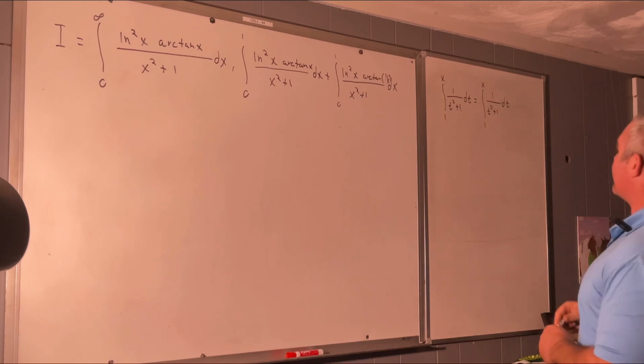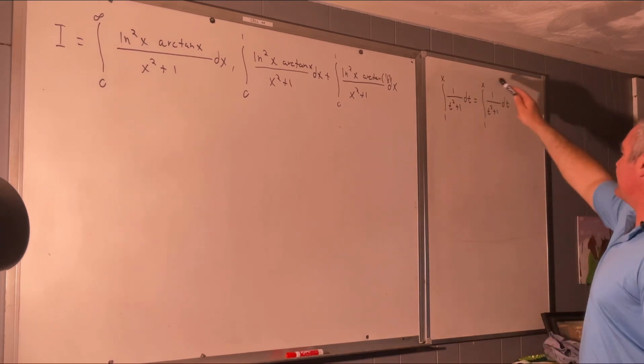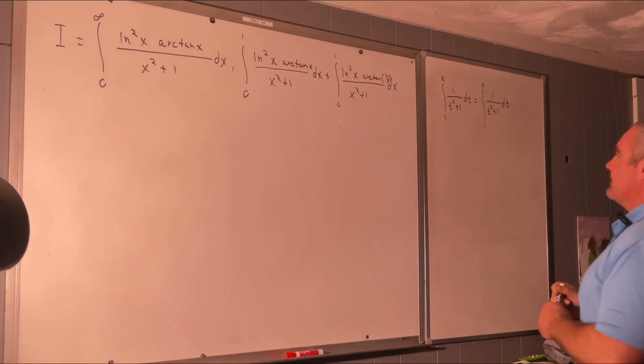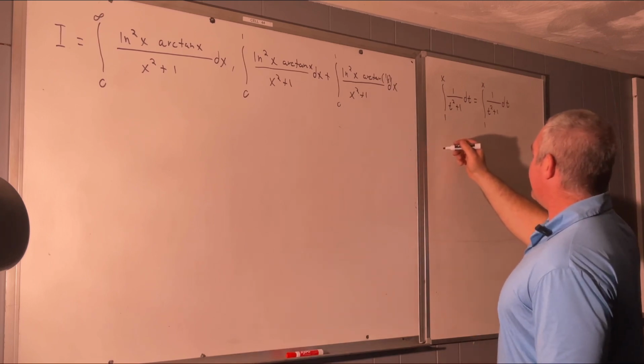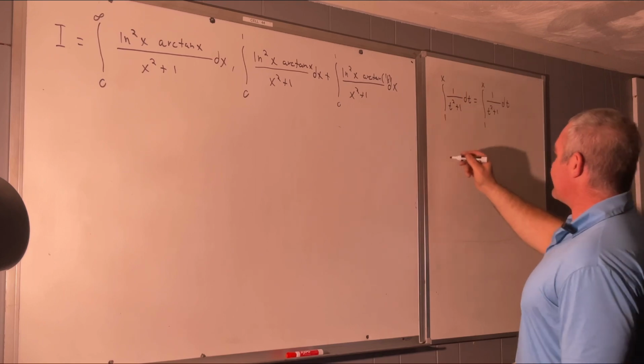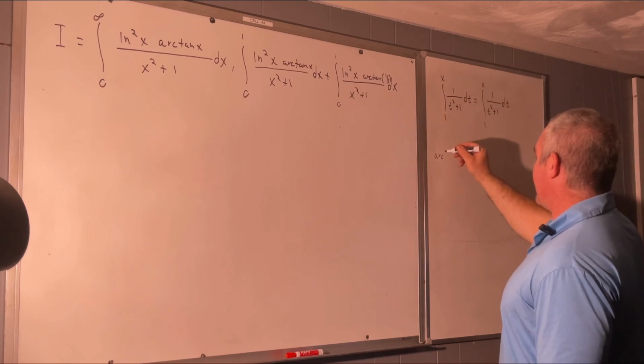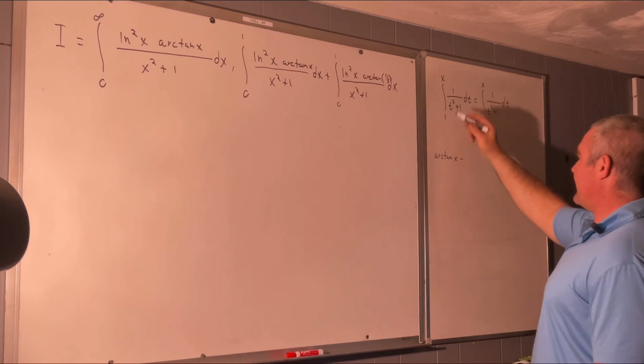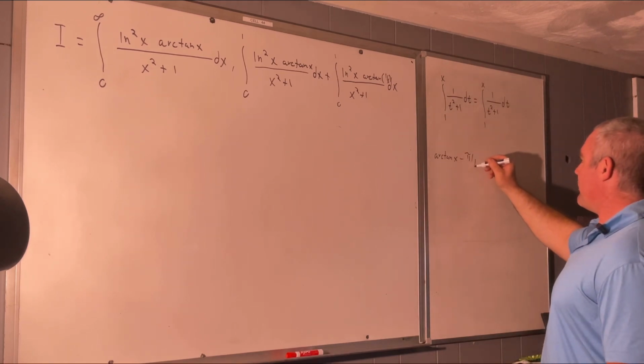All right, we're going to bring the second expression to 1 over x. So that's going to give us, well, I'm actually going to evaluate this. That's going to give us arctangent of x minus arctangent of 1, which is pi over 4.